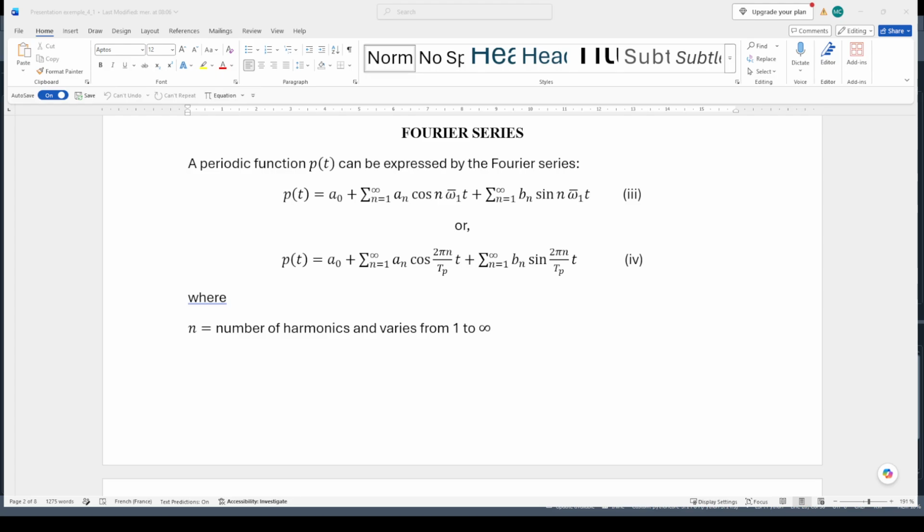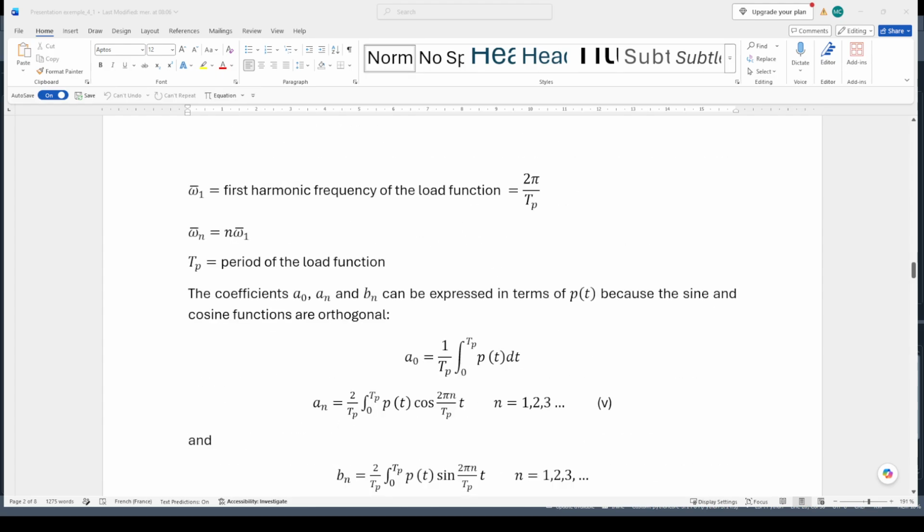You can model this triangular force with a formula similar to equation 3 or 4, where n is the number of the harmonic. We can vary this number between 1 and infinity. Omega 1 bar is the first harmonic frequency of the load function, equal to 2π over Tp, where Tp is the period of the load function, and omega n is equal to n times omega 1 bar.